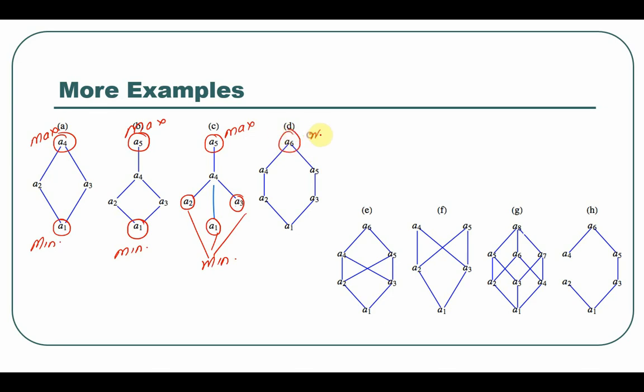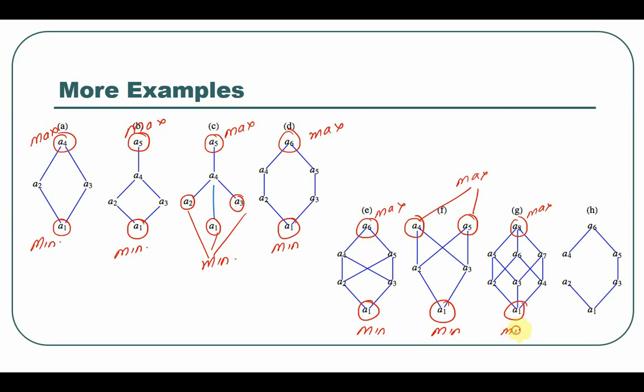Similarly here, this is the maximal element, this is the minimal element. Once again here, I'll have multiple maximal elements. Both of these are maximal elements. Maximal element, minimal element.